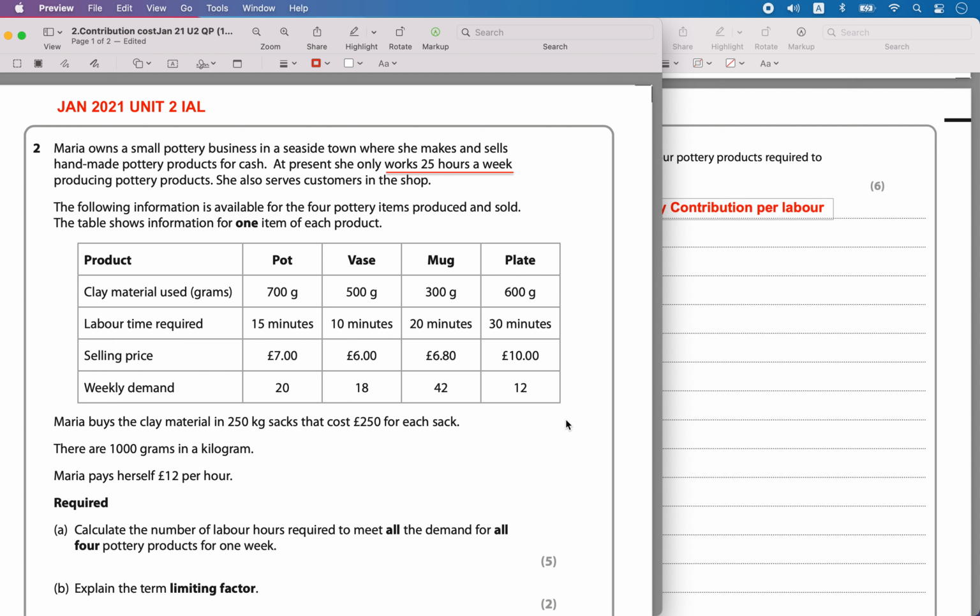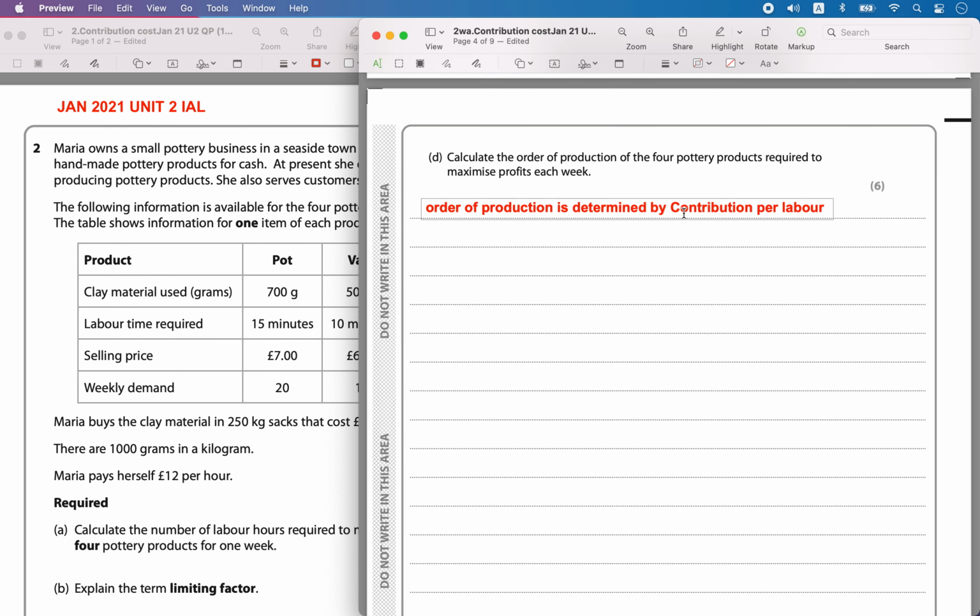So the order of production is determined by the contribution per unit divided by the labor hours worked, the time taken per unit.